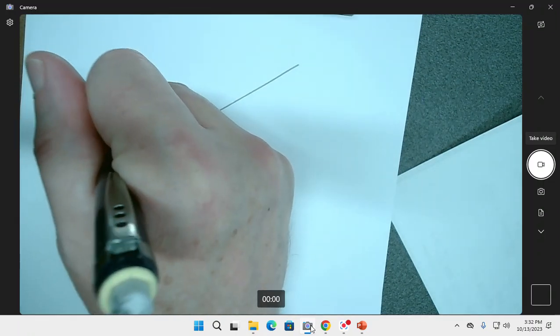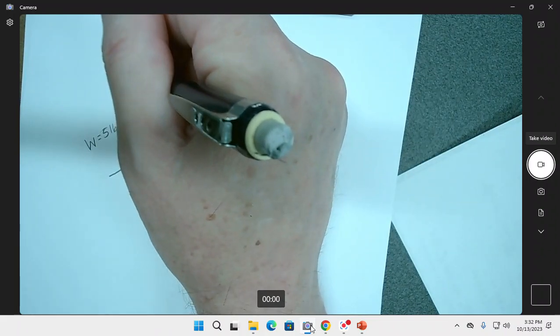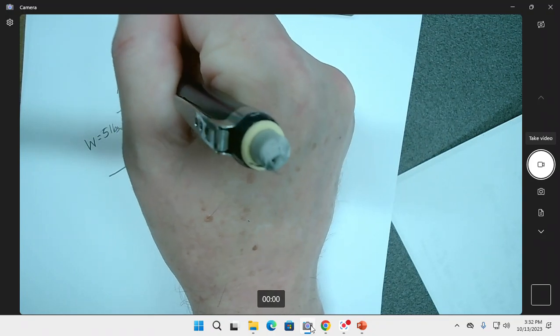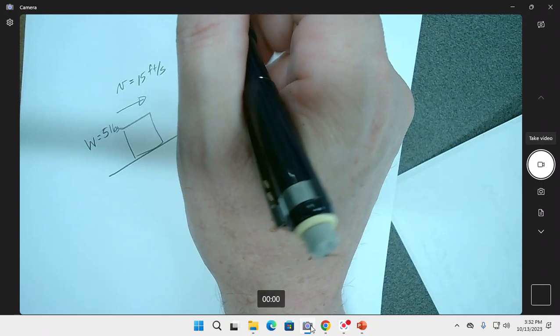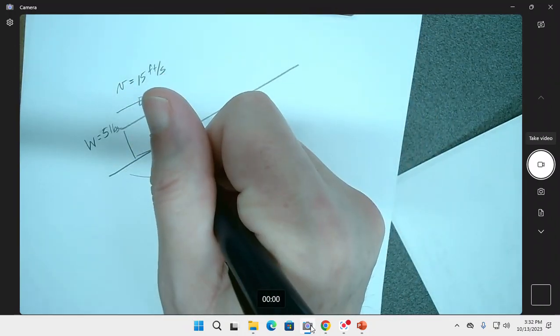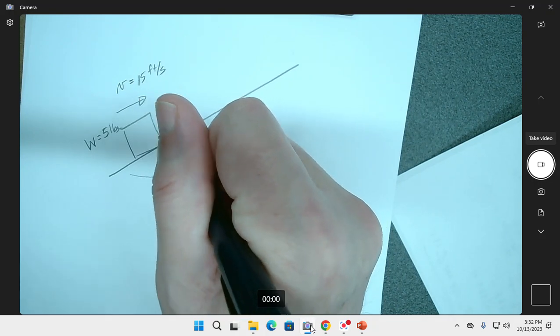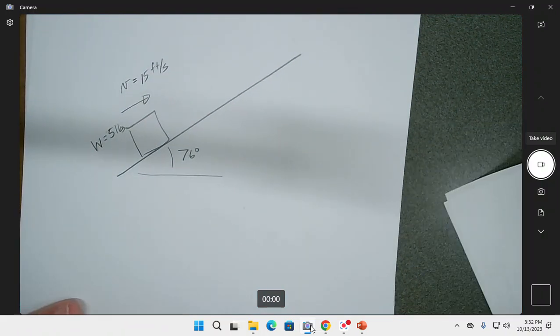How fast do you think he's moving? 15 feet per second. That's a lot more reasonable than 100 meters per second. And what do you think the slope is? 76 degrees. Okay. I wish I'd drawn it more like 76 for sure.